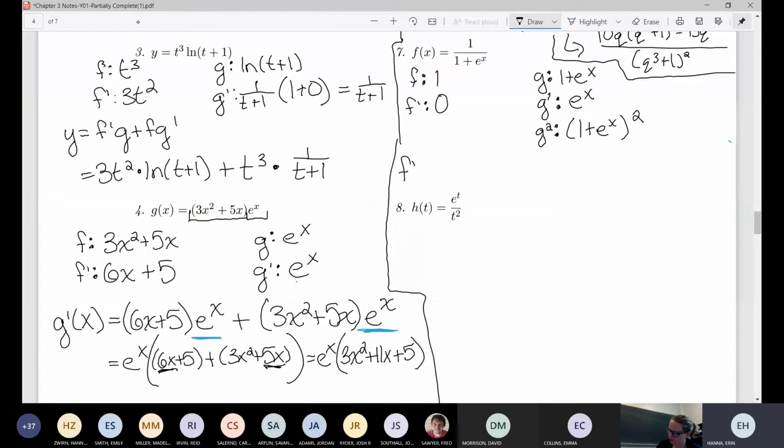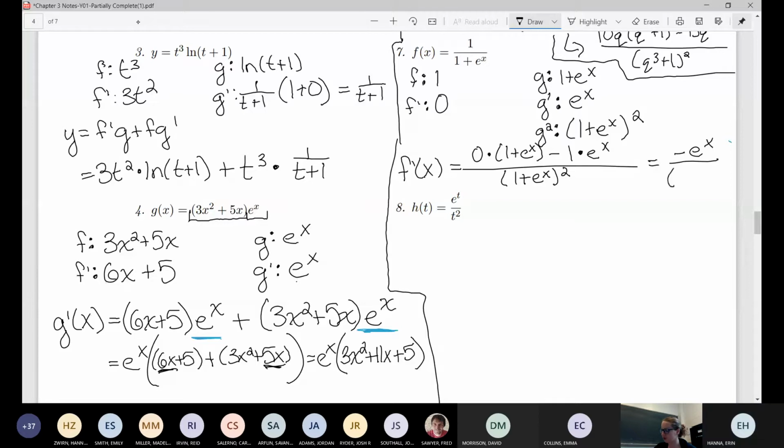So the full derivative, we take our f prime times g. So I'm going to write it out as 0 times 1 plus e to the x minus f times g prime all over g squared. So we could simplify that a little bit by essentially getting rid of that first piece with the 0.